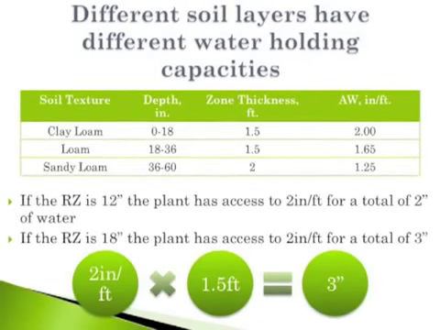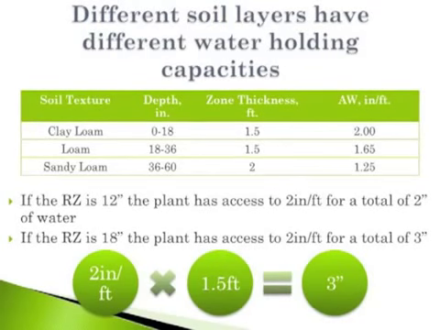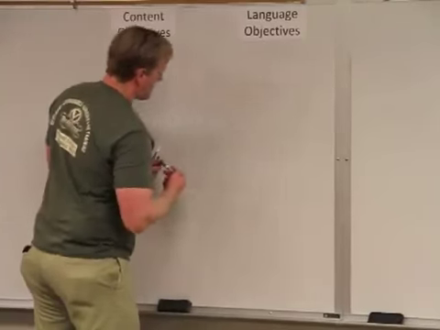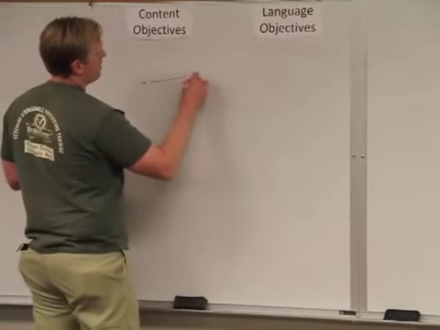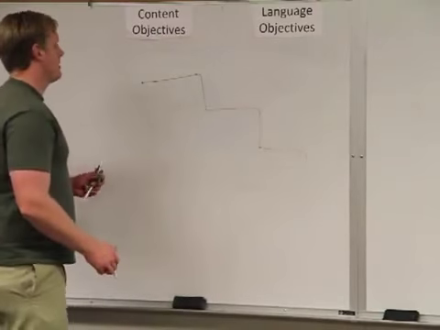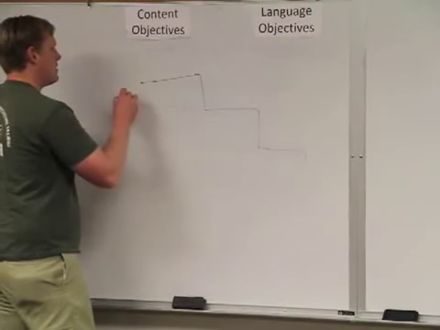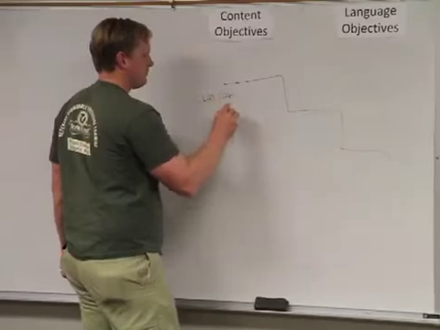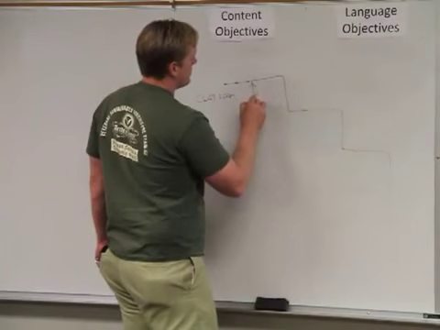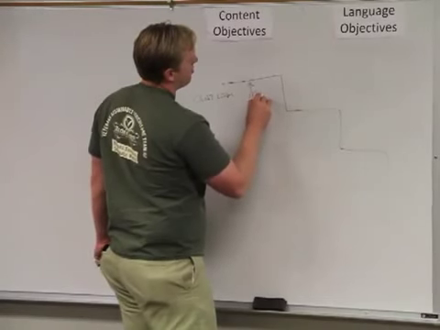So if I was to draw this out, here's my soil profile. We'll kind of treat it like a staircase so it's easy to understand. All right, what this is saying is clay loam soil is near the surface. And this depth is 18 inches, which is also equal to 1.5 feet.